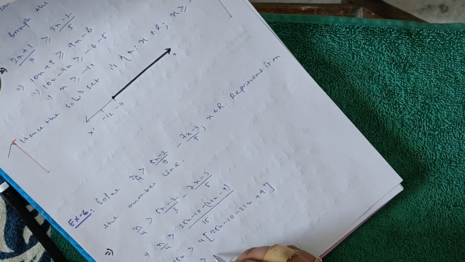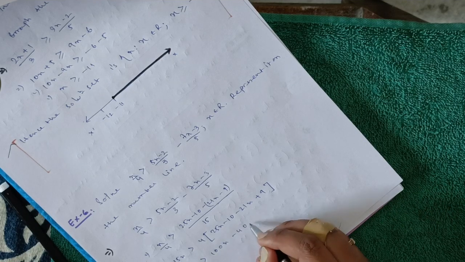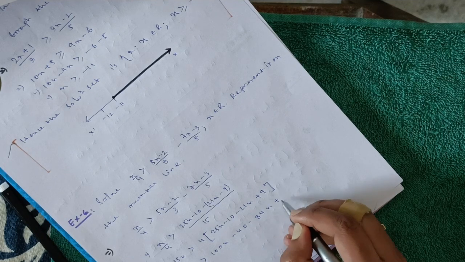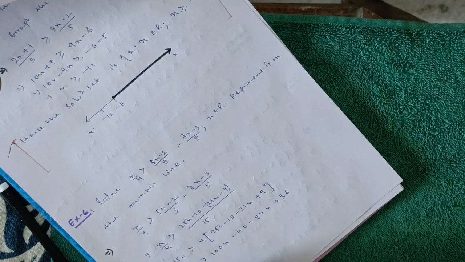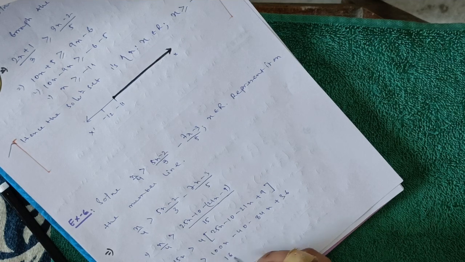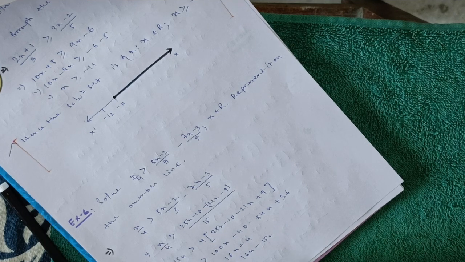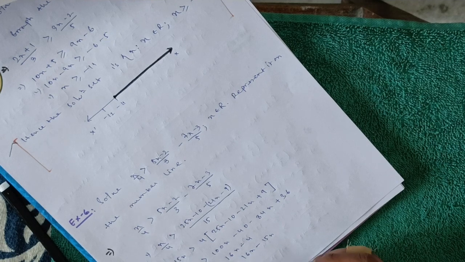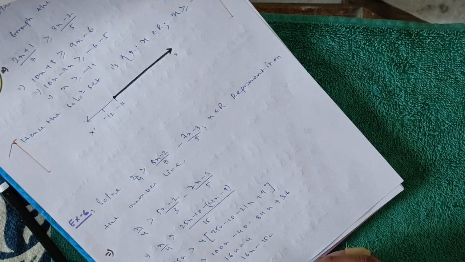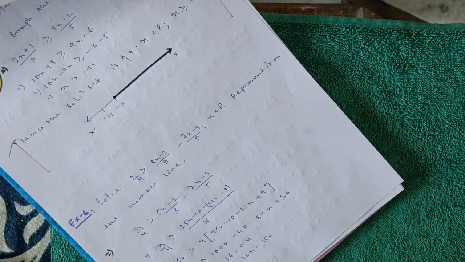15x, 100x minus 40 minus 4x plus 36. It's like 15x, 61x minus, what, minus 4. It's getting 15x. No, it's 4. Then 16x minus 15x, x less than 4. X is less than 4, but x belongs to R. So here you will get to see a different number line.